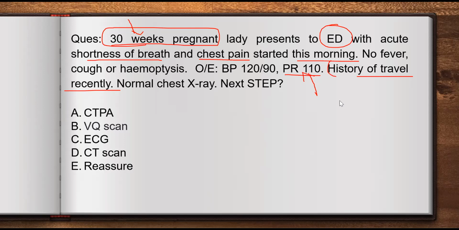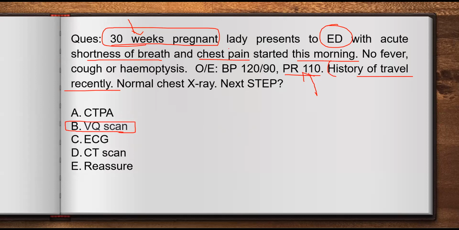Now, diagnostic imaging depends on the patient factors. Most commonly we do CTPA, but because this is a pregnant patient and a CT scan involves radiation, we try not to do CTPA in a pregnant patient. So in pregnancy, the VQ scan is the diagnostic test for pulmonary embolism.